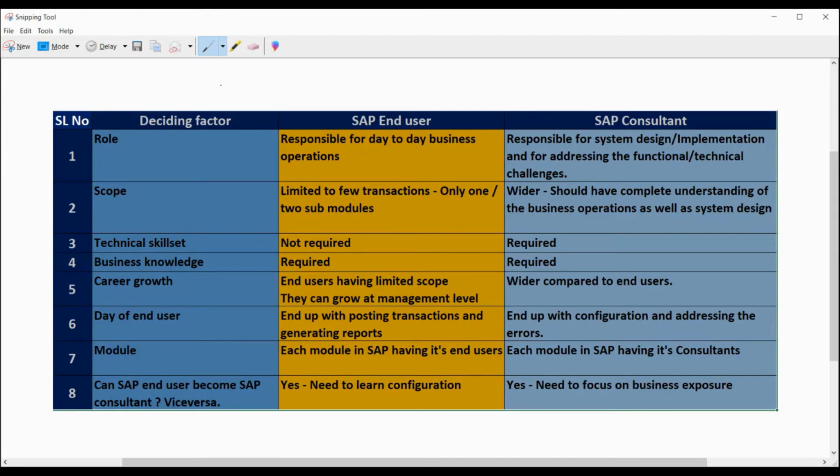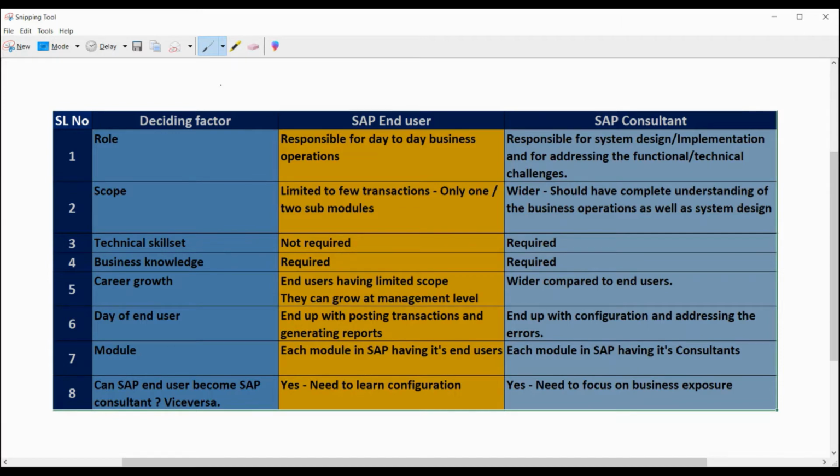Some sort of technical skill set is required even if he is a functional consultant. There are two types of consultants: technical consultants and functional consultants. Functional consultants are responsible for functional modules like FI, CO, SD, MM, PP, etc. Technical consultants refer to system design aspects, like ABAP, or on the technical side, Basis.